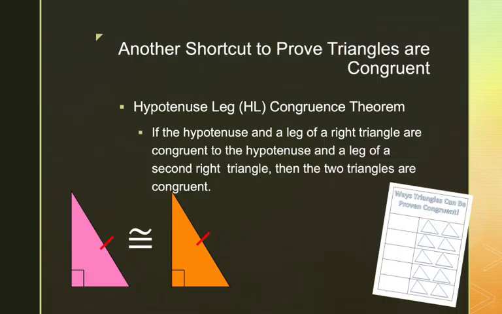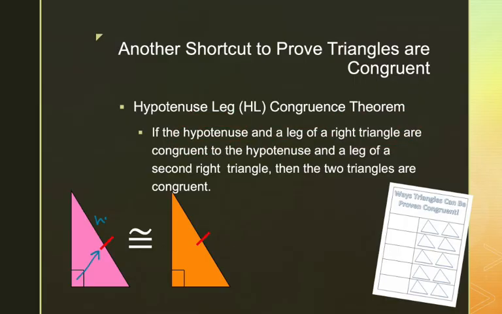I'm going to point out that we have a right triangle here, a right triangle. We have a hypotenuse, a leg, and a right triangle. You have to have all three of those things to be true to be able to be congruent. Let's review what a hypotenuse and a leg is. The hypotenuse is the side that's opposite the right angle.